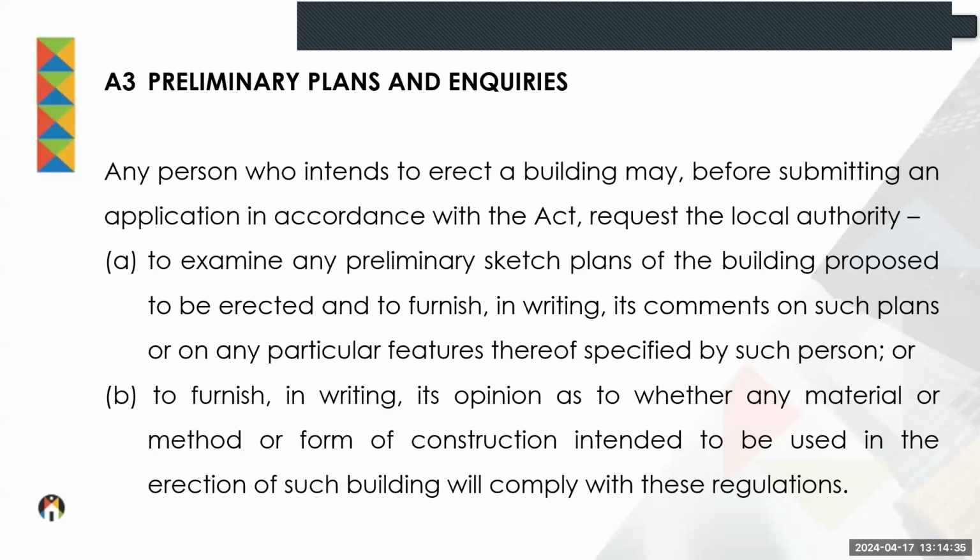Regulation A3 requires you, especially if there's a gray area in interpretation of how to comply with the building regulations, to go here, and that's normally here in stage 3, to the local authority, make an appointment with fire, with building control, with traffic, whoever it is, just to sort out a problem.